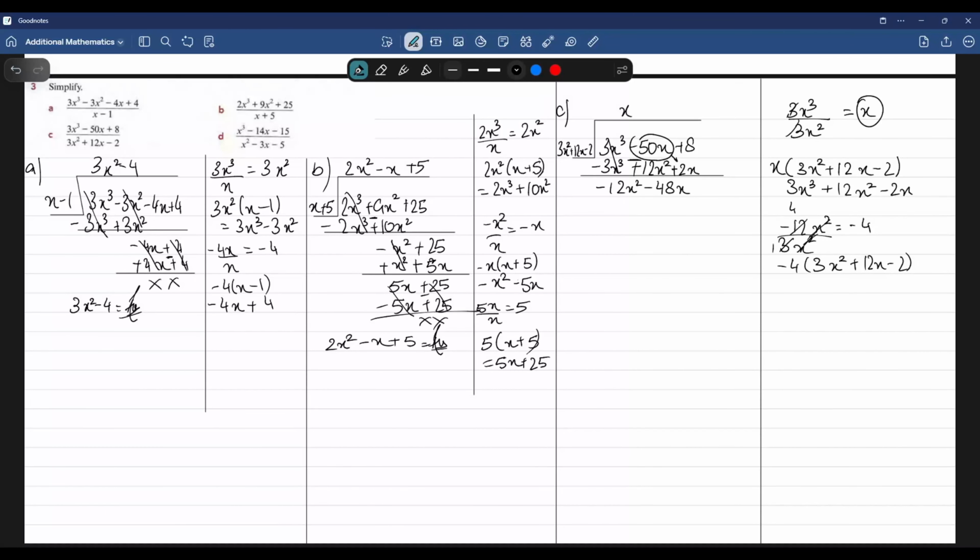So we are going to get negative 12x squared, and 12 multiplied by 4 is going to give us negative 48, and positive 8. Okay. Copy this down here. We get negative 12x squared. x minus 4 will give us negative 12x squared minus 48x.